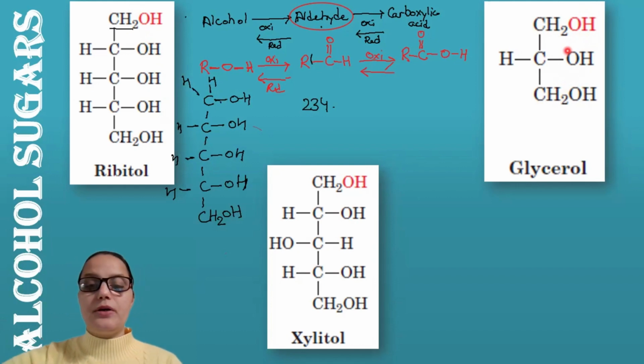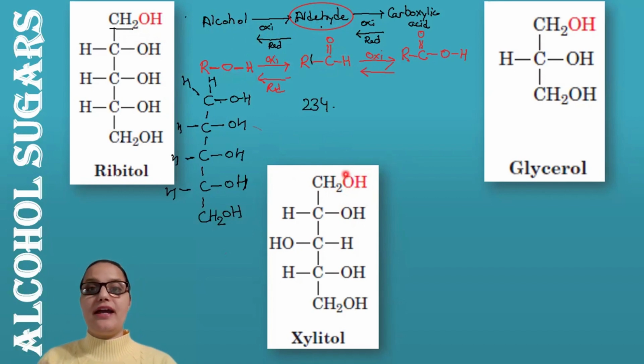And the same is the case with xylitol. It is formed from the aldopentose xylose. Everywhere, the carbonyl group on carbon number 1 is getting reduced to form this alcohol. This CHO is getting converted into CH2OH, right? It is getting associated with OH.